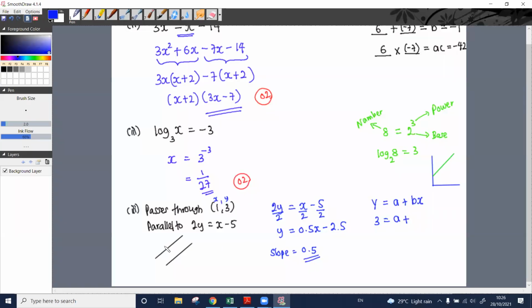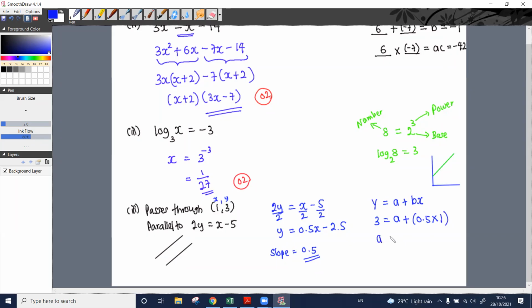The function of the parallel line was given, and we know that in parallel lines the slope value cannot change. The slope is 0.5 into x. When x equals 1, y equals 3.